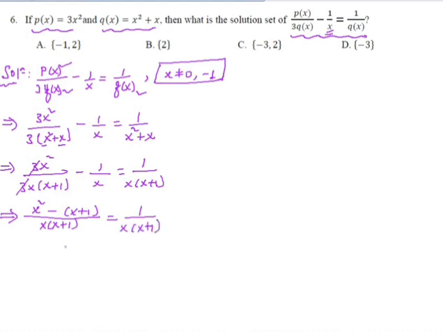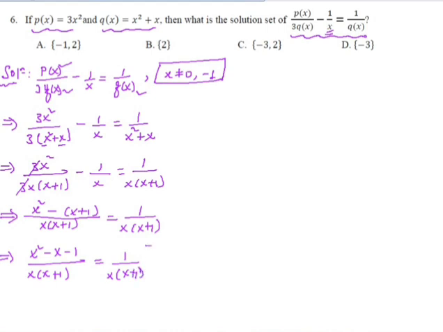You can use LCM. In short, I'm using LCM here. So this becomes x squared minus x minus 1 over x into x plus 1, which is the same as 1 over x times x plus 1.